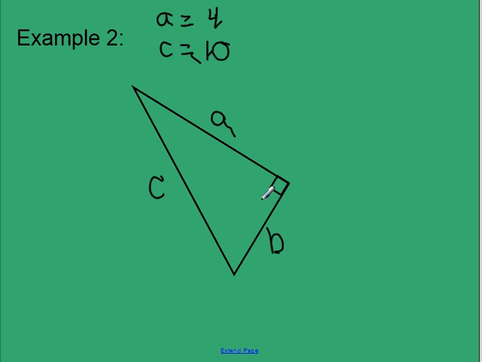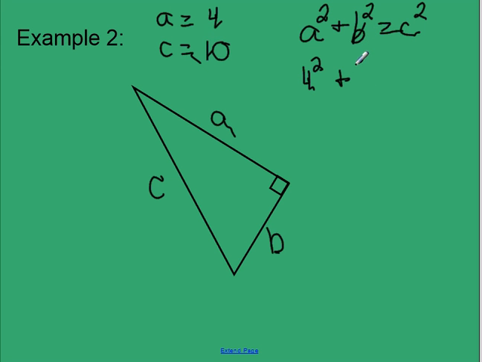Now this is a little bit different, but don't let it freak you out. Same process. Write down the formula: A squared plus B squared equals C squared. Plug in what you know. A is 4. 4 squared plus, do I know B?